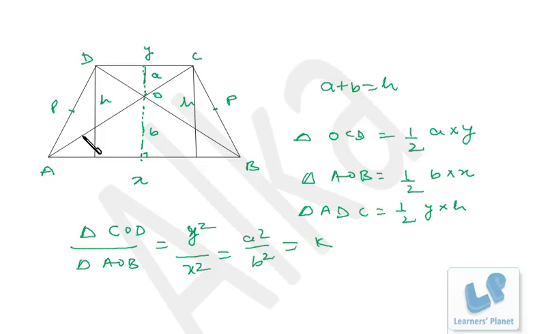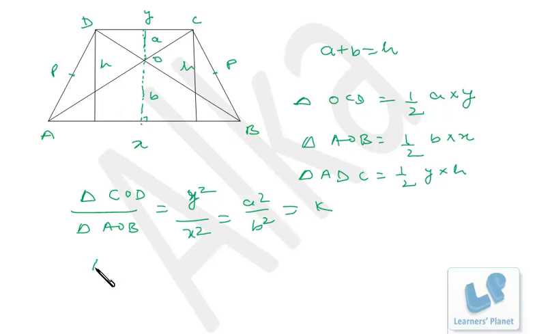Now I have this triangle AOD. What will be the area of triangle AOD? That will be triangle ADC minus triangle COD.